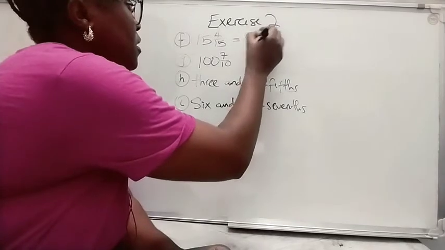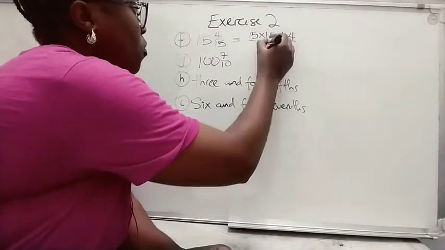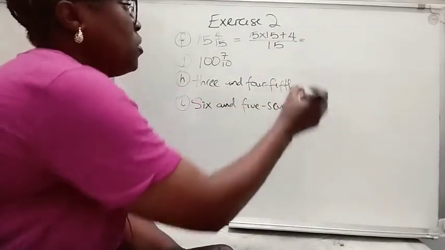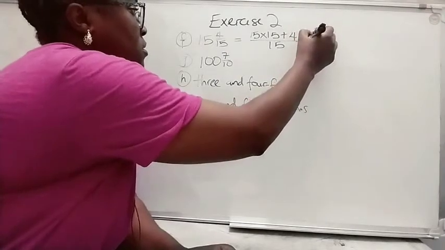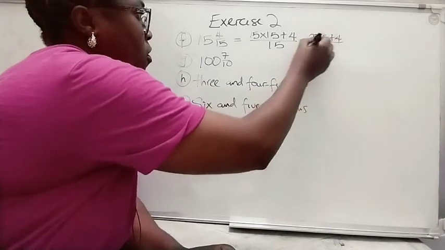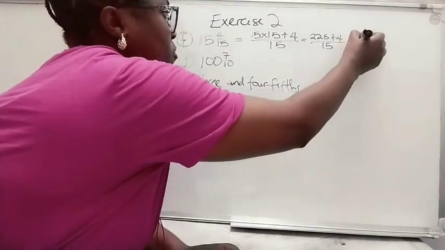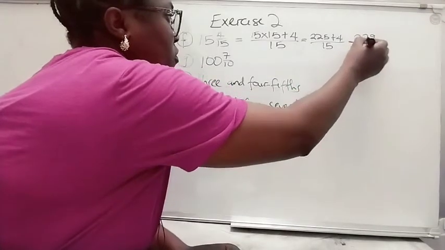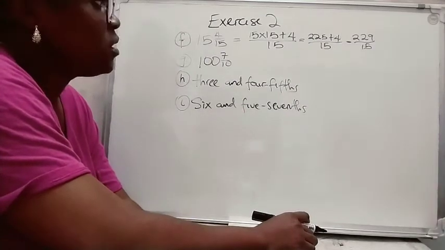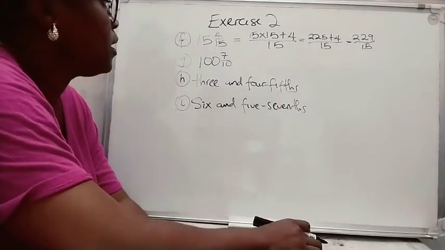We'll have 15 times 15 plus 4 all over 15. 15 times 15 gives us 225, plus 4 all over 15. So that gives us 229 over 15. That's an improper fraction.